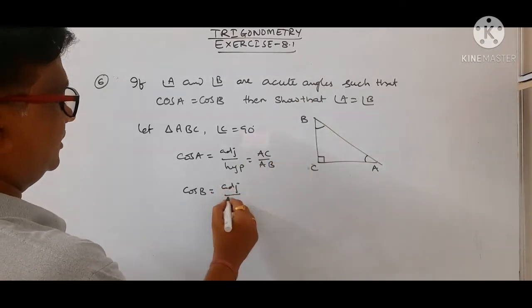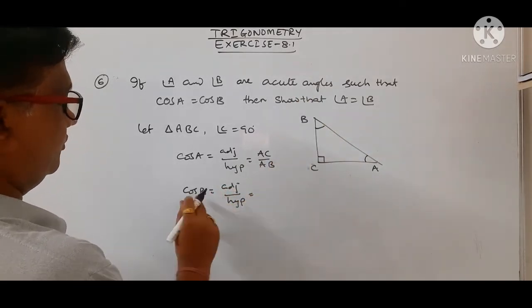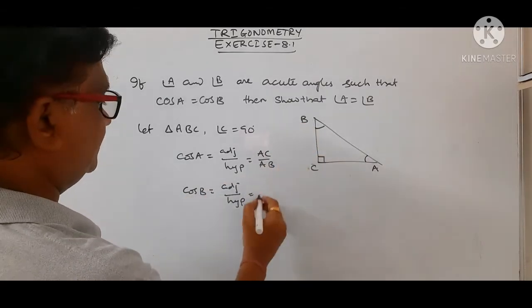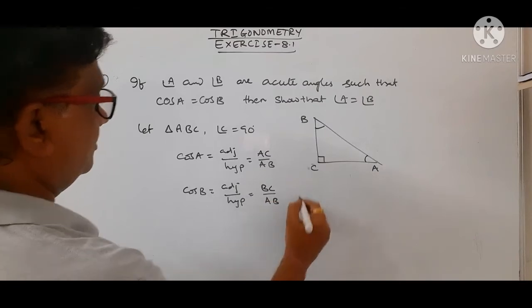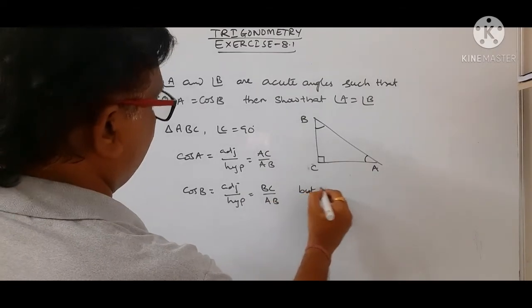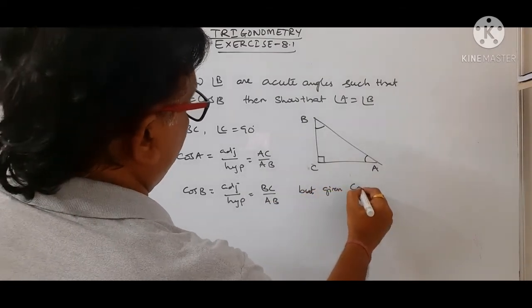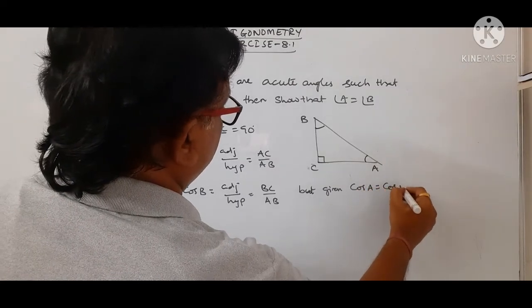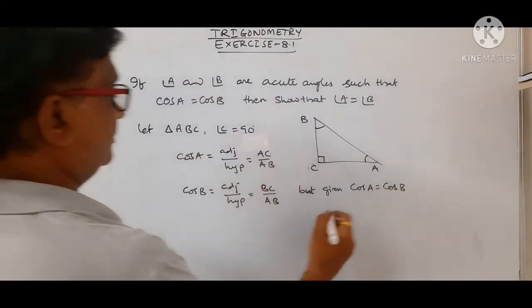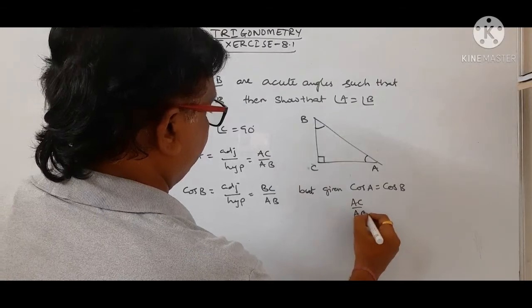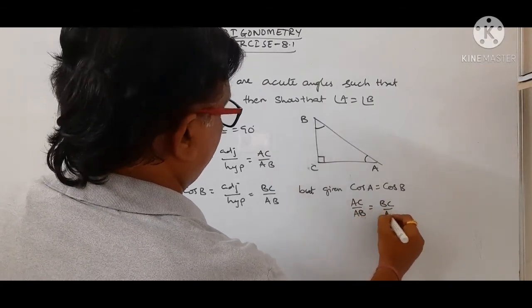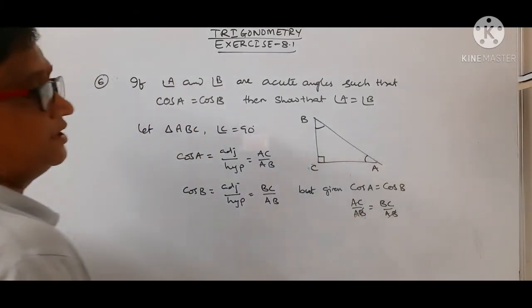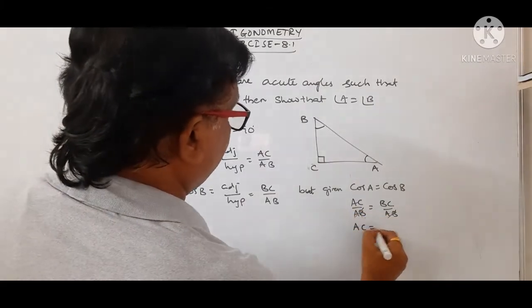B's adjacent is BC by AB. But given cos A equal to cos B. Cos A means AC by AB equal to BC by AB. AB cancels. So AC equal to BC.